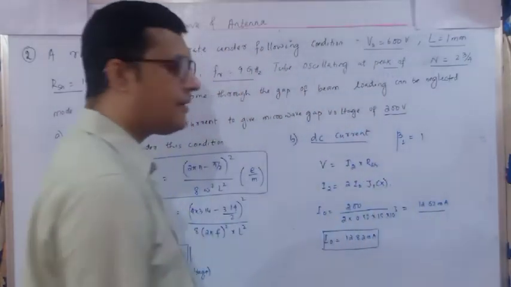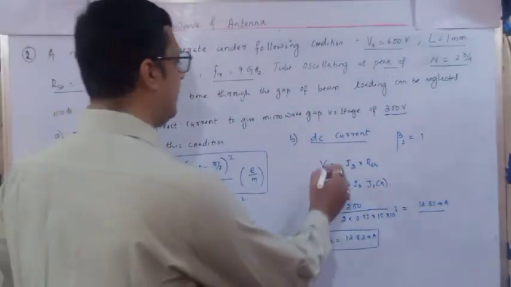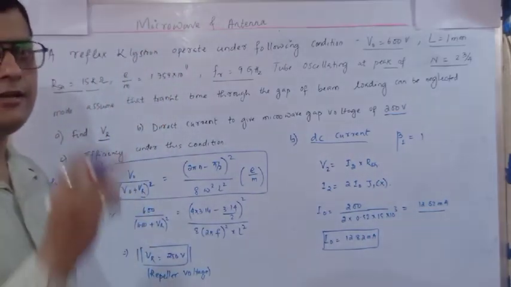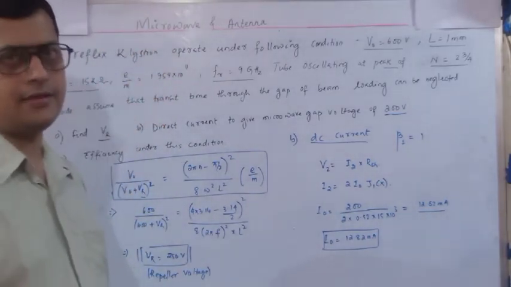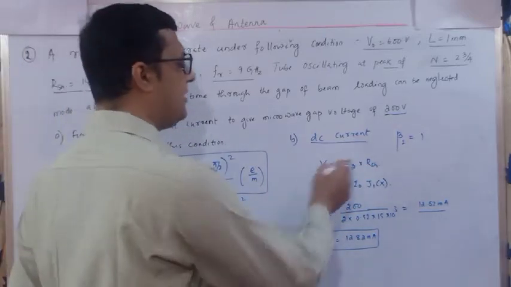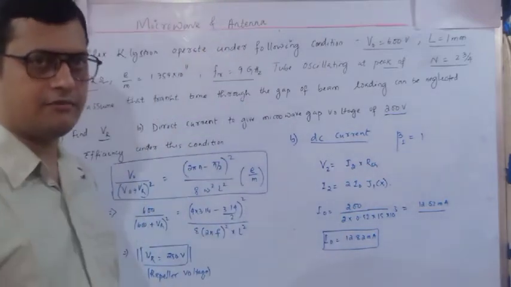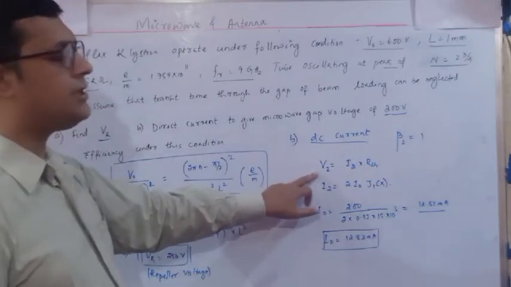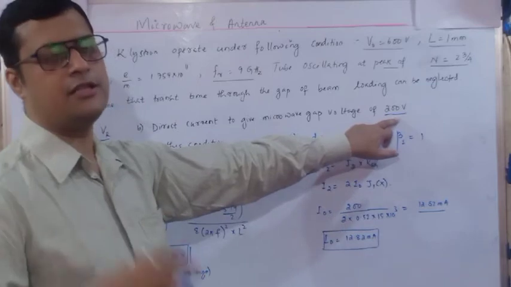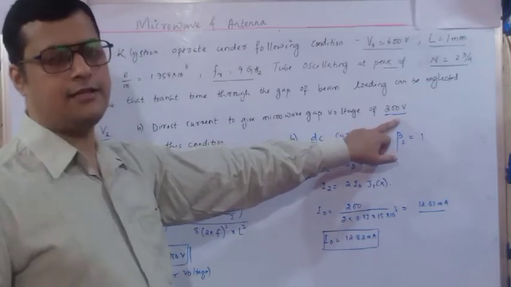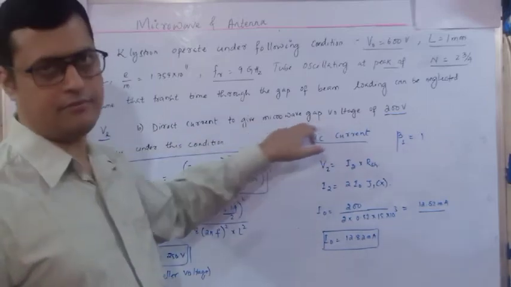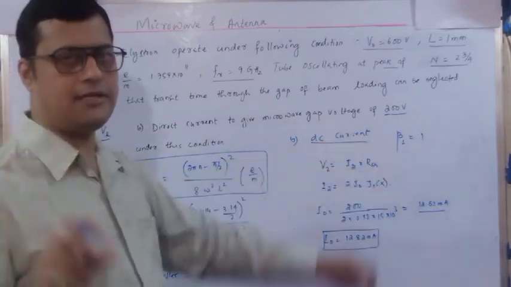This is the potential drop in that resistance RSH, which is outside, parallel, a shunt connected to the repeller. Now what is the potential drop across that one? That potential drop is given as 200, because the shunt is connected with respect to the microwave gap, and the gap voltage is 200.